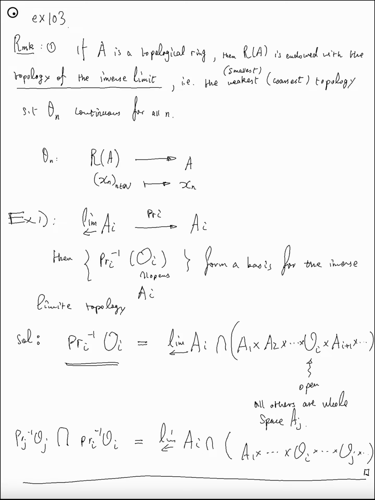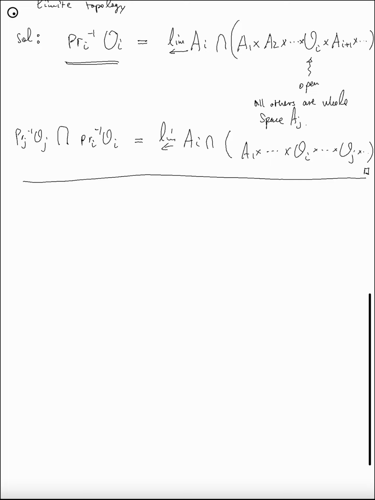This gives you exactly the opens for the product topology. And by taking intersection, you get the opens for the induced topology, which means the inverse limit topology. We didn't prove that, but as common sense, we know that it's the same as the induced topology from the product topology.